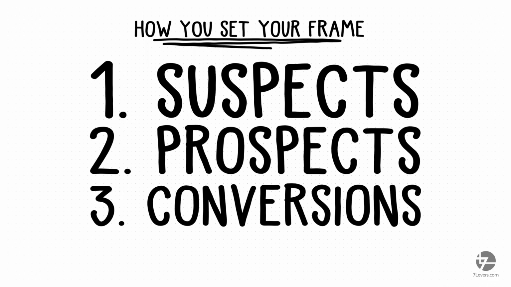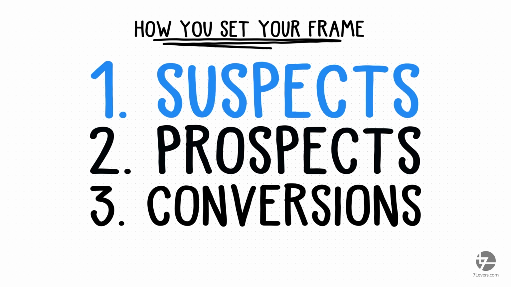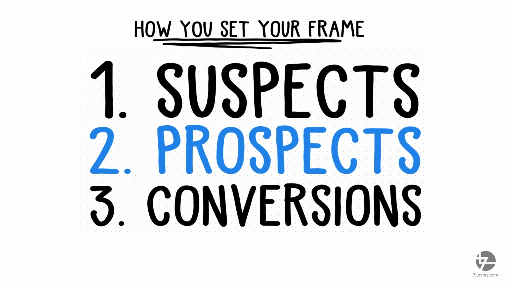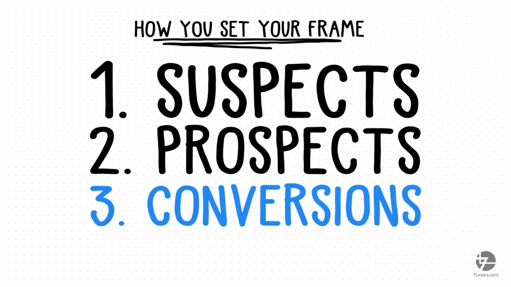And again, if we go back to the completely separate business idea, then in a retail business, suspects might be defined by people who visit your physical store, prospects might be defined by people who try on an item, and conversions are people who purchase an item at the till. And you can clearly see the difference in the 7 levers already if we now look at e-commerce, where those 3 levers are: suspects visit the website, prospects are people who put an item in the shopping basket, and conversions are people who pay via the online shopping cart.